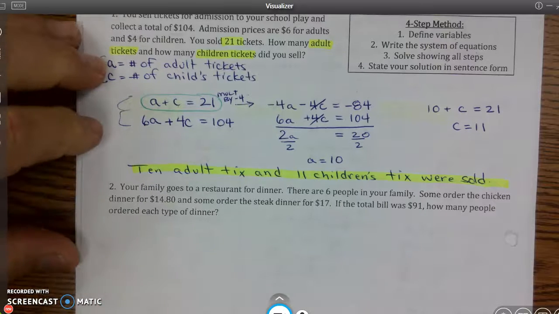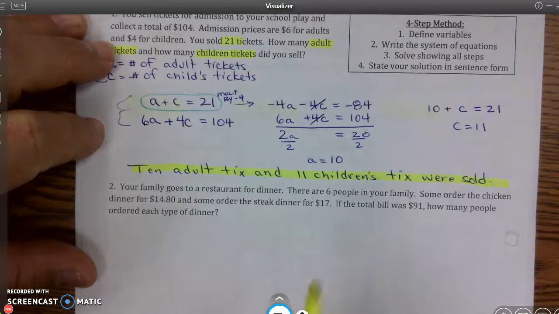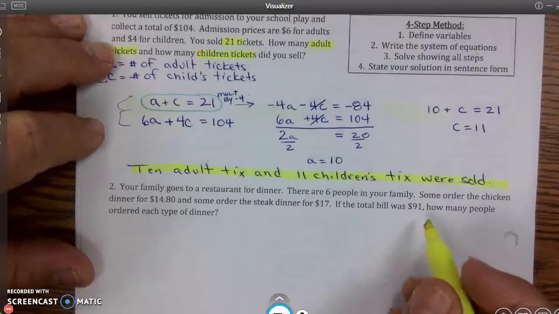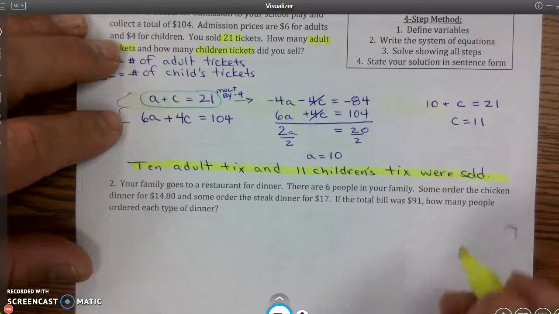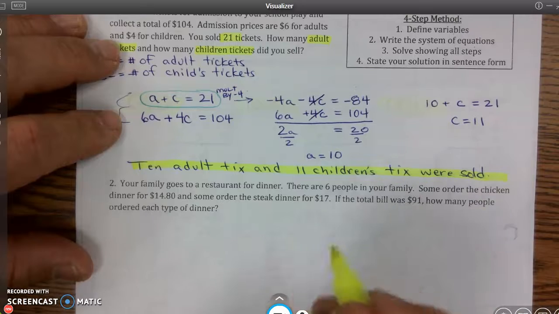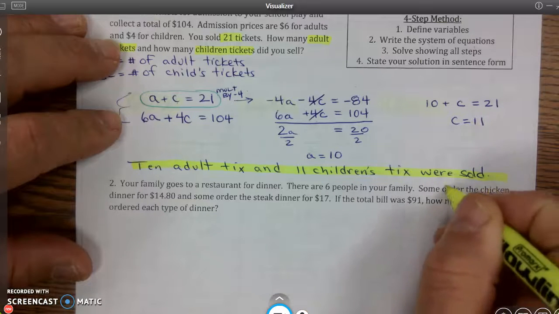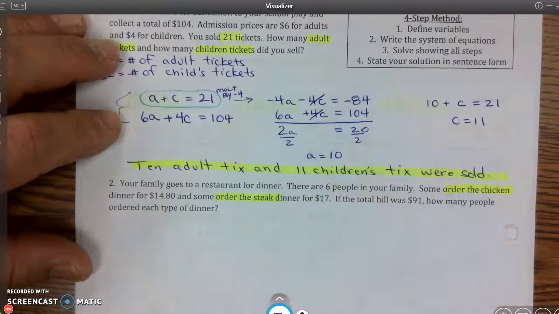Your family goes to a restaurant for dinner. There are 6 people in your family. Some order the chicken for $14.80. Some order the steak for $17. If the total bill is $91, how many people ordered each type of dinner? So in other words, how many orders of chicken were there and how many orders of steak were there?